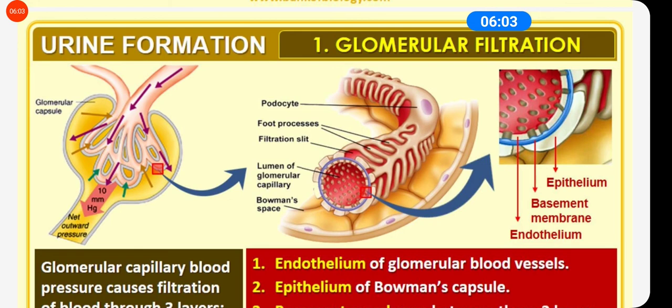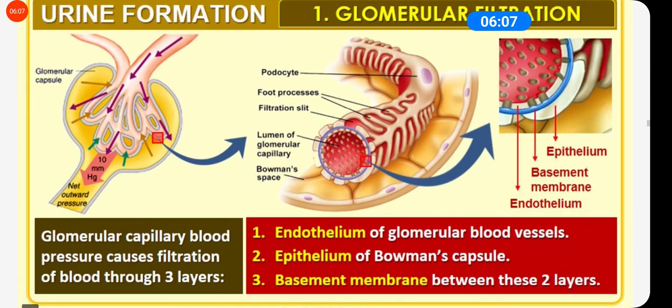Now, before we start with glomerular filtration, you must be aware of the structure of Bowman's capsule. You can see here in the first diagram, one is the glomerular capsule, which is peach in color. Then is the grayish wall of the Bowman's capsule.